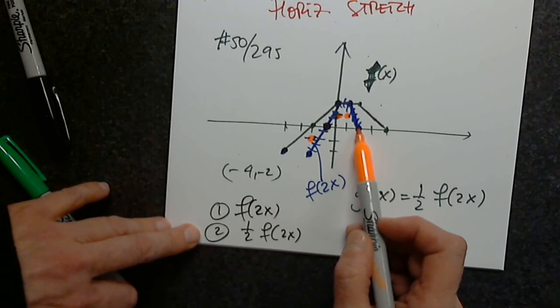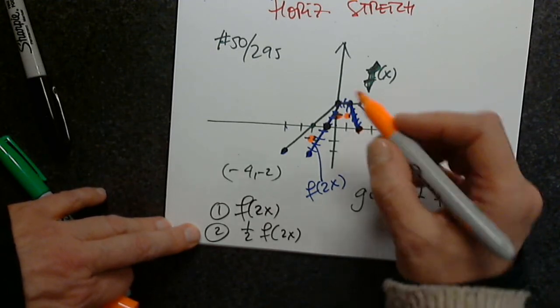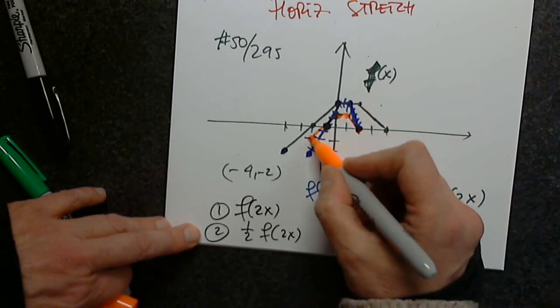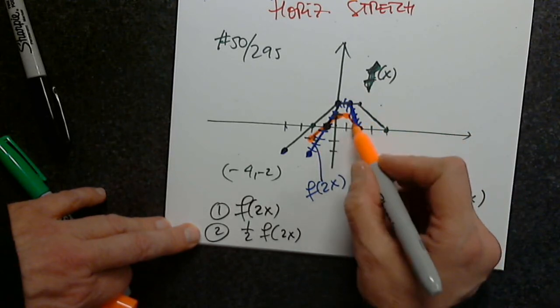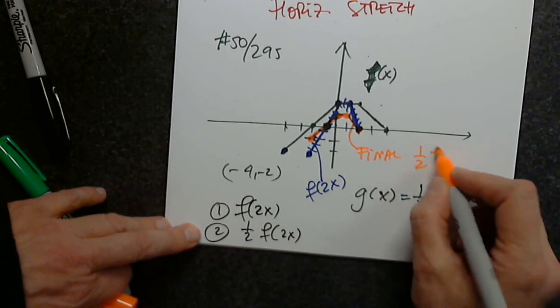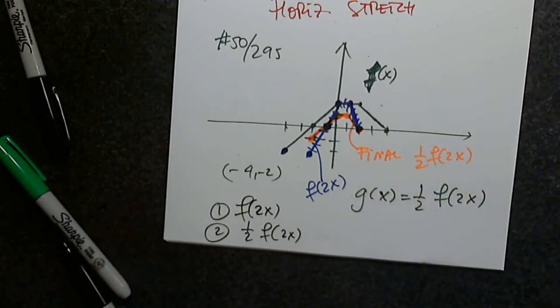Divide its height by 2. This is final, which is 1/2 f of twice x. Questions?